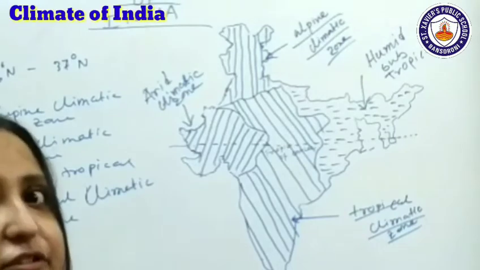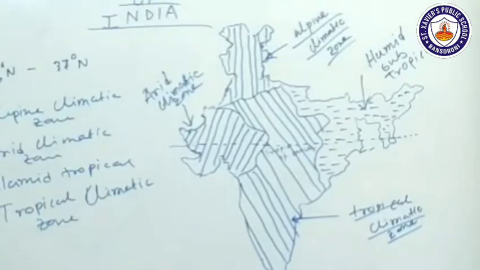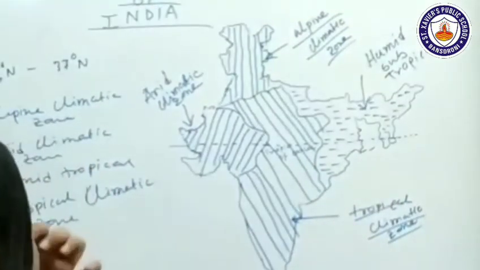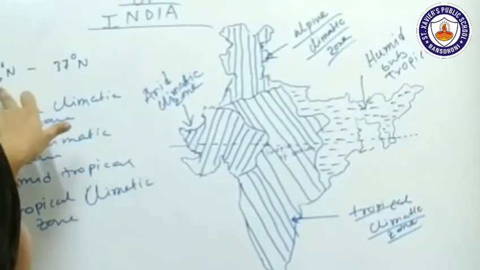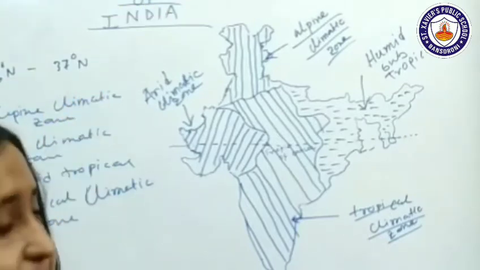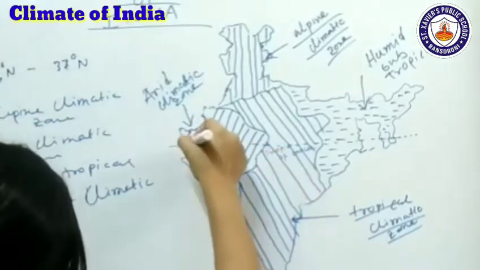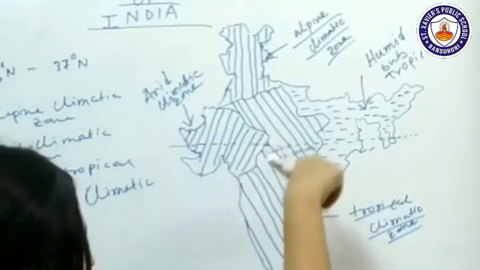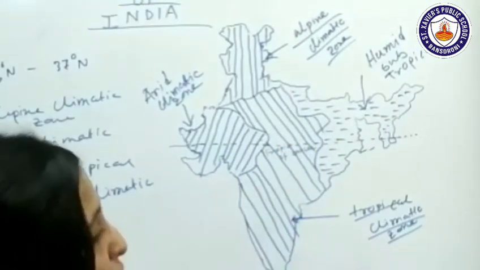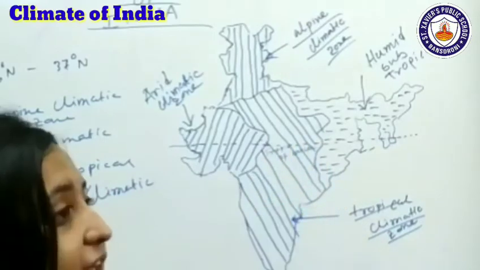This climatic zone is determined by several factors. So what are the factors? The first factor is the latitudinal extent. We know that the extent is 6 degree north to 37 degree north. So it's a huge extent. The southern portion of the Indian subcontinent is near to the equator. So in this portion the climate condition is mainly hot.